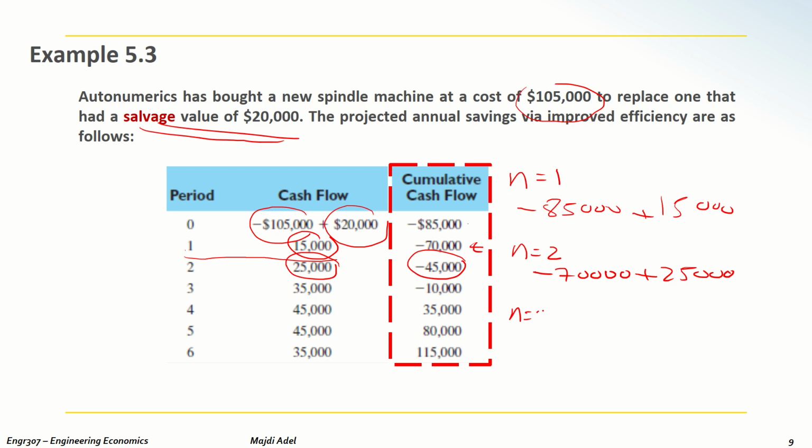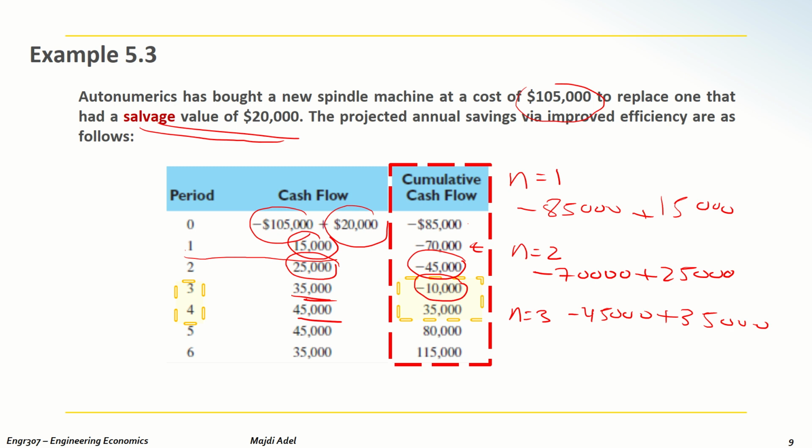At n equal 3, I'm in debt of minus $45,000. I'm in debt of $45,000, but I received income of 35,000. So the net is minus $10,000. And at n equal 4, minus 10,000 plus $45,000, we will get $35,000.